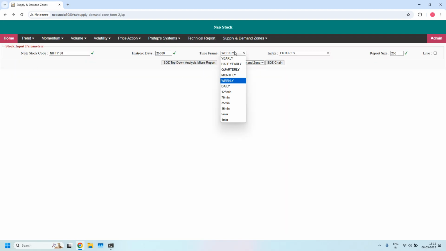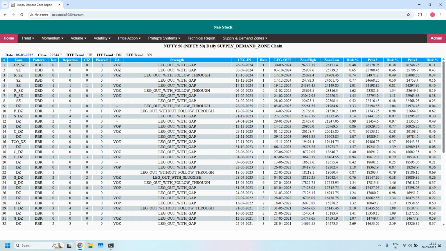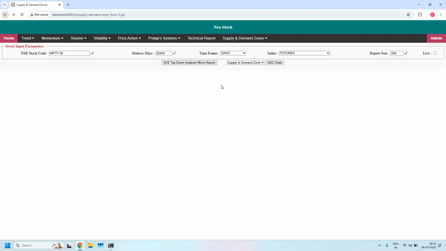Next, daily supply demand zone chain for Nifty. Next, 125-minute supply demand zone chain for Nifty.